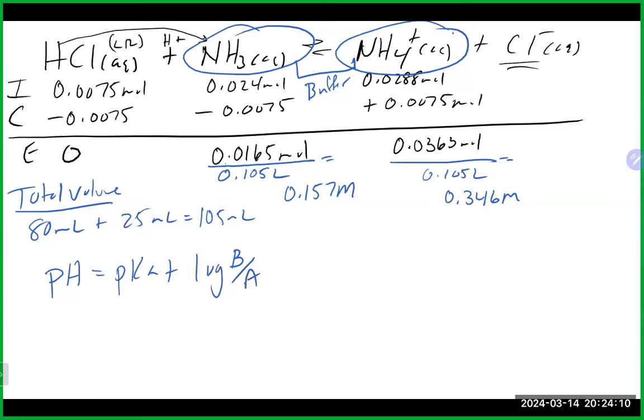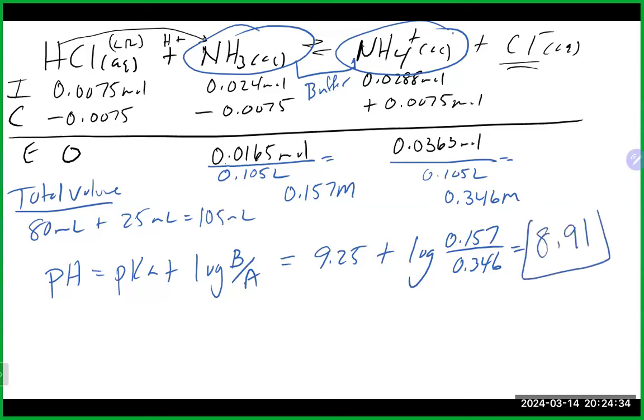The pKa value is still going to be the same pKa value we had previously, which is our 9.25, plus the log of our base, which is 0.157 divided by 0.346. That's going to be 0.157 divided by 0.346, a little log action, and a 9.25. That's going to go to 8.91 by adding our acid.